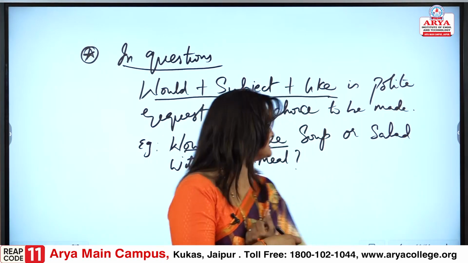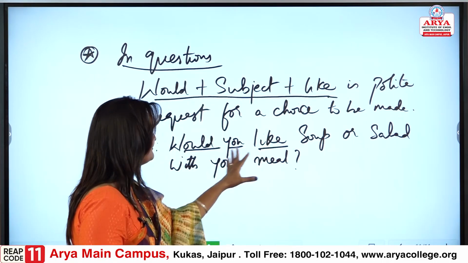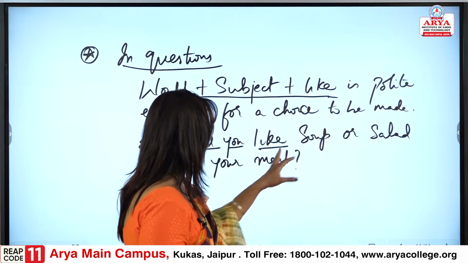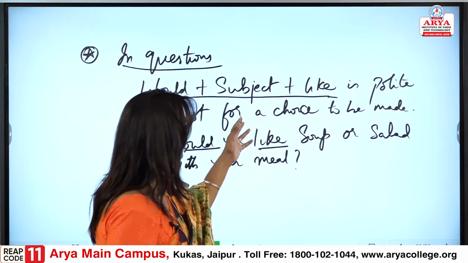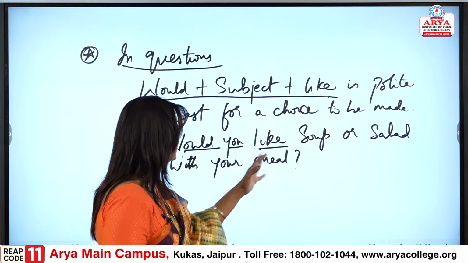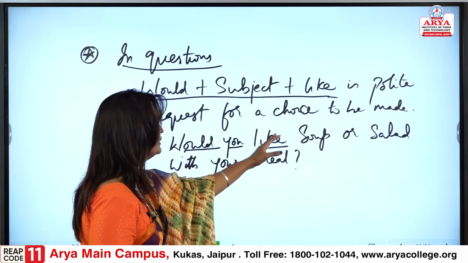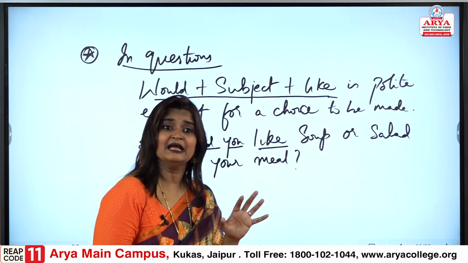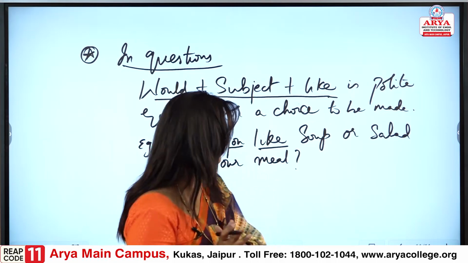So, we are asking the person to make a choice, to know the person's preferences with your meal. It would be would you like. Fine. This is would plus subject plus like.